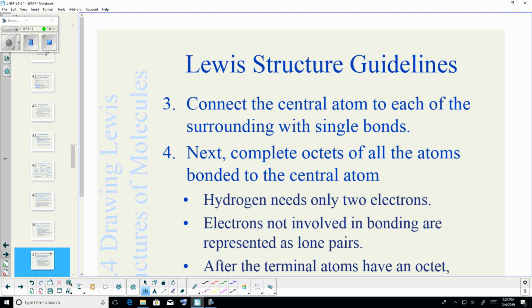Connect the central atom to each of the surrounding atoms, to terminal atoms, those are the surrounding ones, with a single bond. That counts as 2 electrons. There's 2 electrons in a bond.